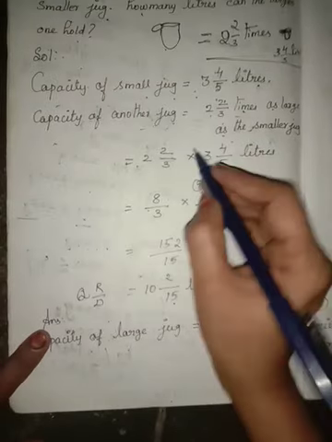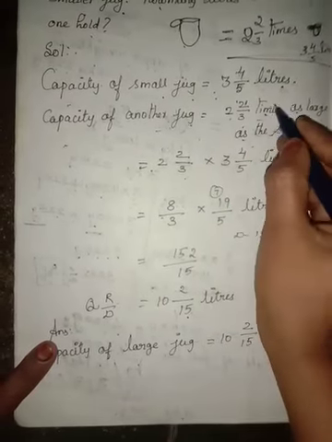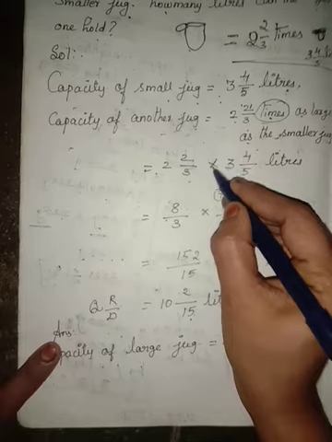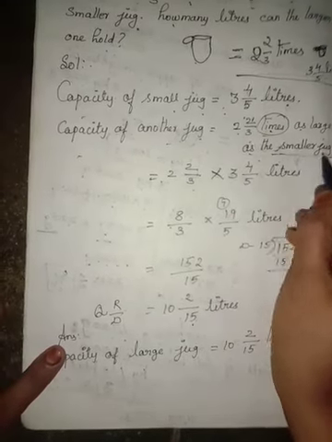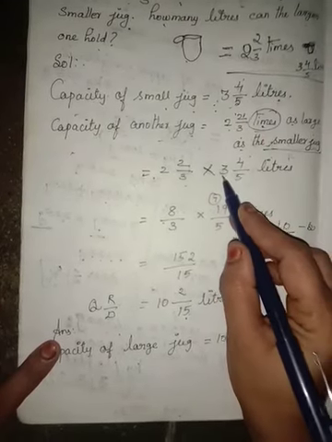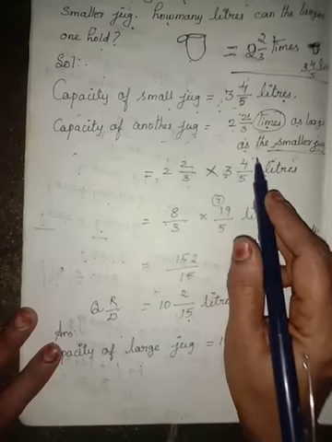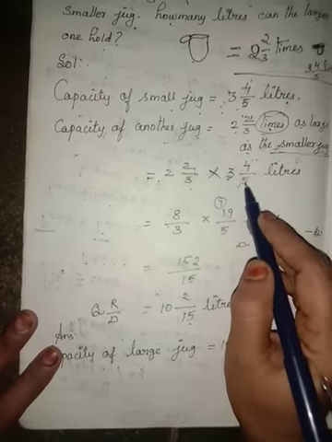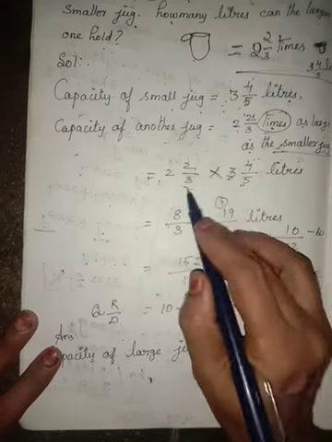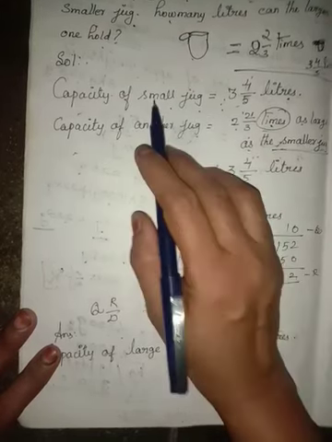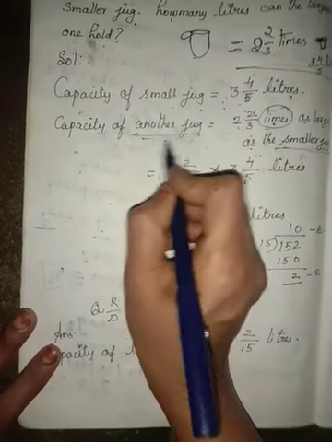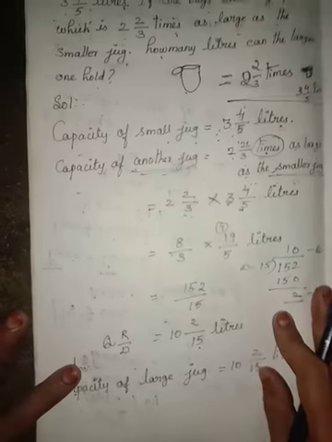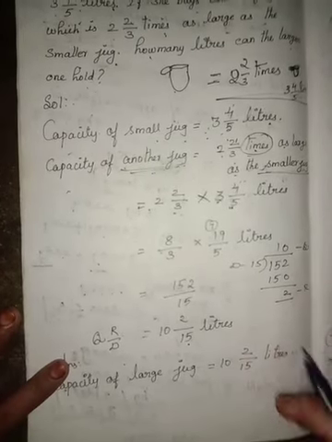That means 2 by 3 times 3 4 by 5. When you multiply these two rational numbers, we get the large jug capacity.